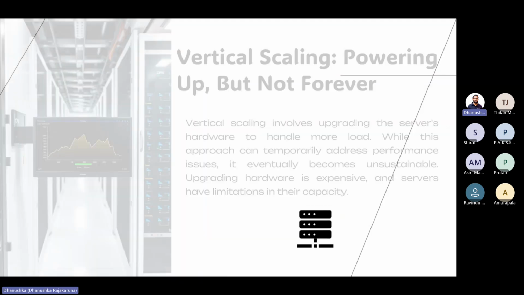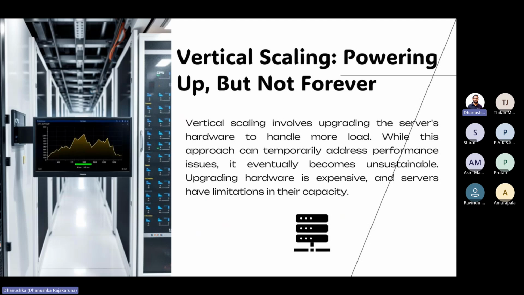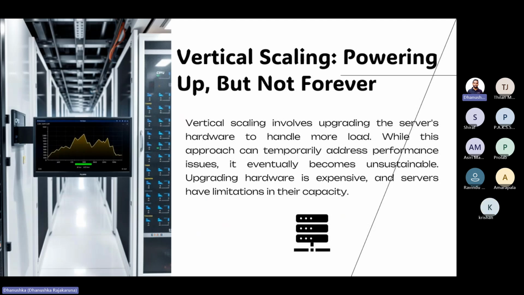Next, we have talked about vertical scaling: power up but not forever. Vertical scaling is scaling up by upgrading hardware components. It means adding more powerful processors, more powerful memory, or more storage capacity, or we can say replacing the server as well.